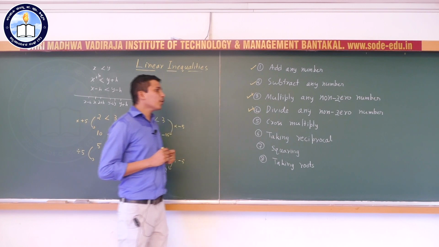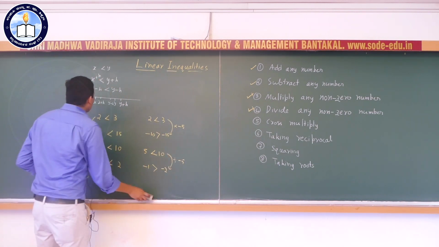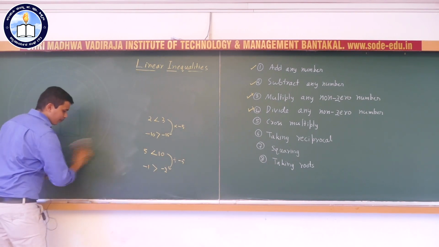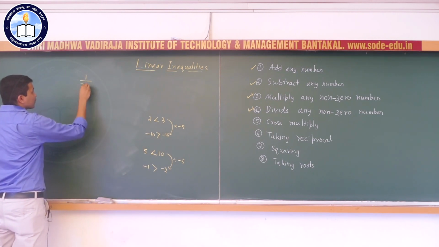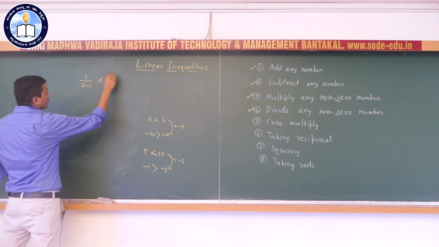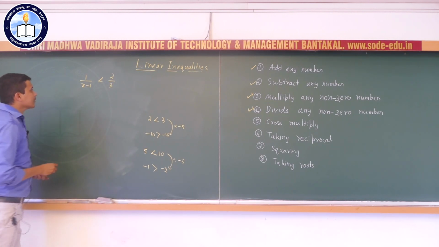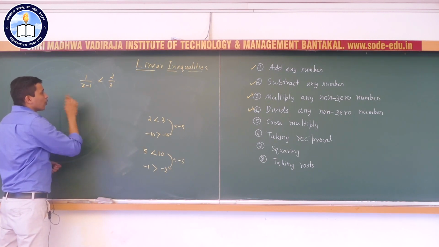Now what about the cross multiplication part? Suppose I take one example: 1 divided by x minus 1 is less than 2 by 3. In this case I can't go for cross multiplication directly. What do I mean by cross multiplication?